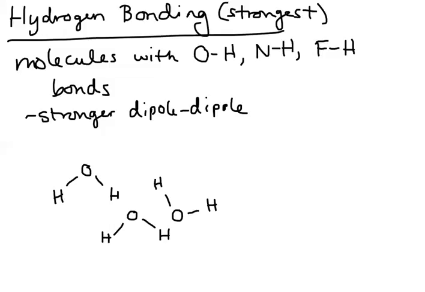So in solution, as a liquid, water is going to form this lattice where the oxygen is going to be next to a hydrogen, which is going to be next to another oxygen, et cetera. Any questions on this?